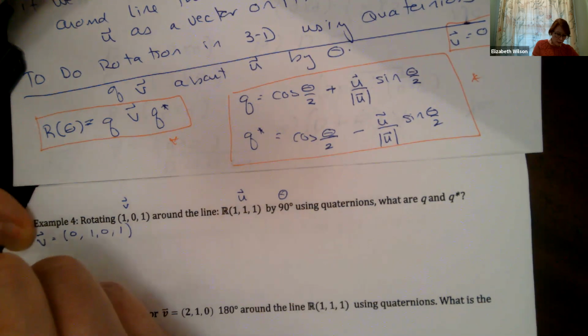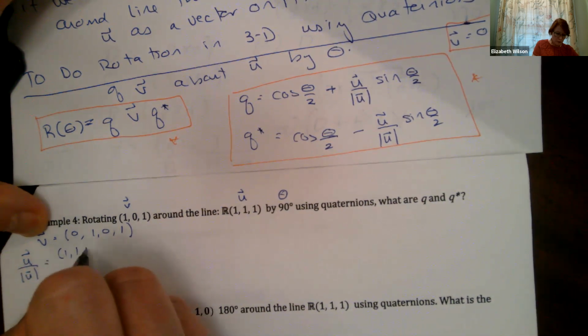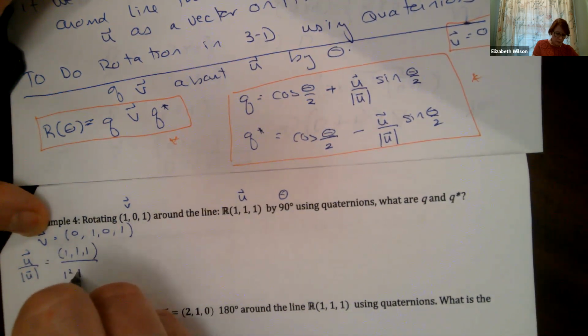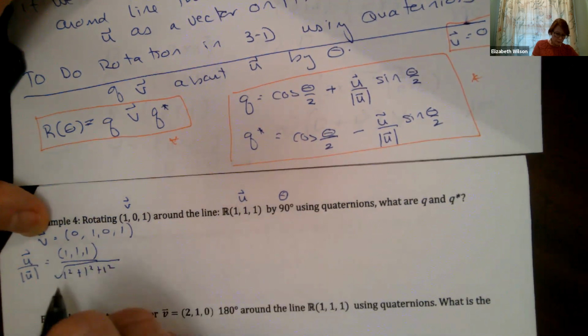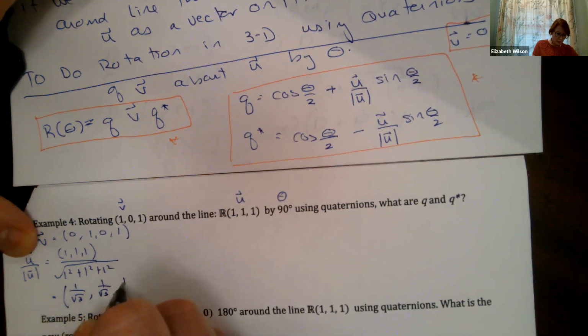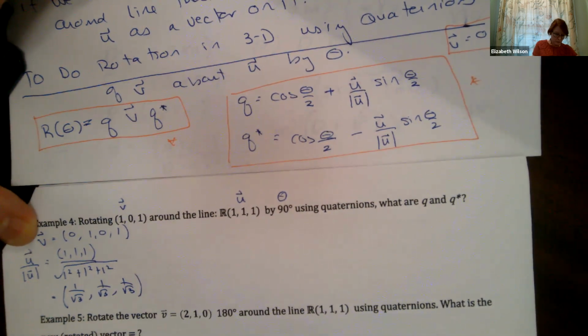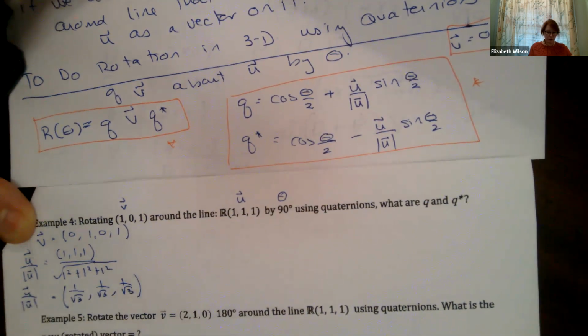I need U divided by the magnitude of U. So this is going to be 1, 1, 1 divided by the square root of 1 squared plus 1 squared plus 1 squared. So this is equal to 1 over radical 3, 1 over radical 3, 1 over radical 3. That's my U divided by my magnitude of U. It's my unit vector U.